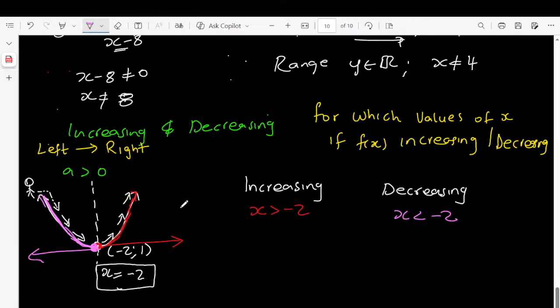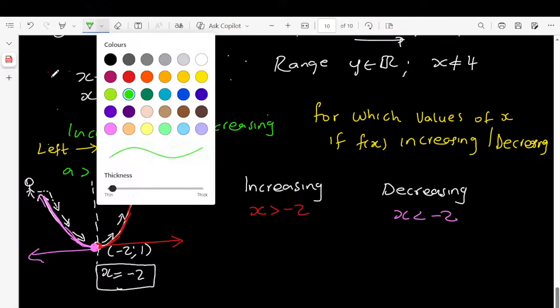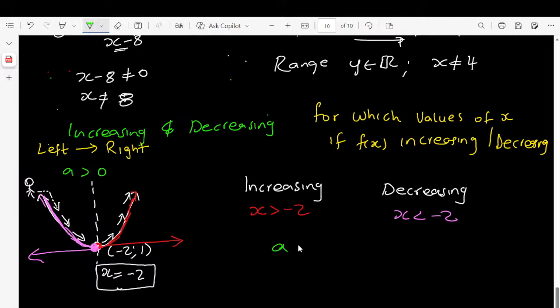So now let's change and say, let's say the value of a is less than 0. If a is less than 0, how will your graph look like? You're going to be concave down. Look at this now. We're just gonna put Evelyn there. This is you. You'll move left to right. You always move left to right. So look at this. This point, you are going up.